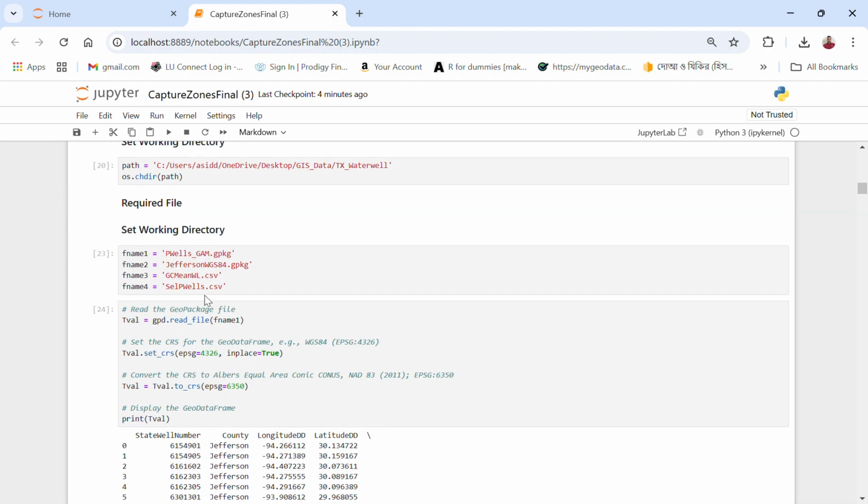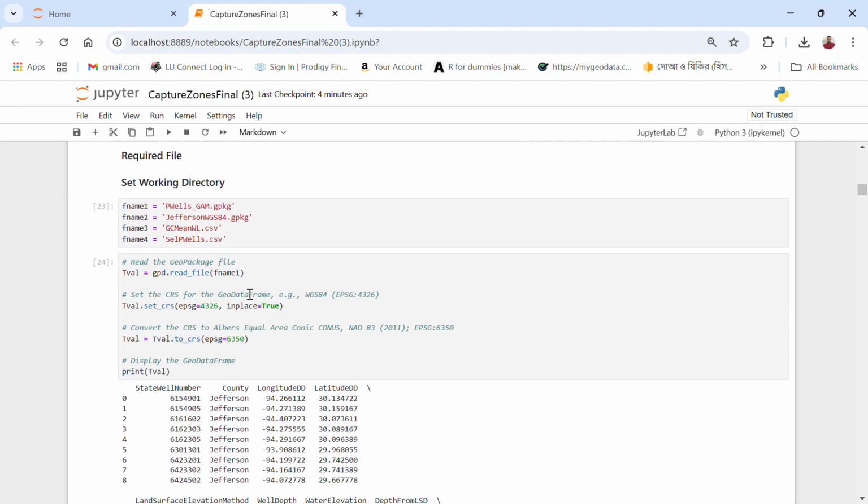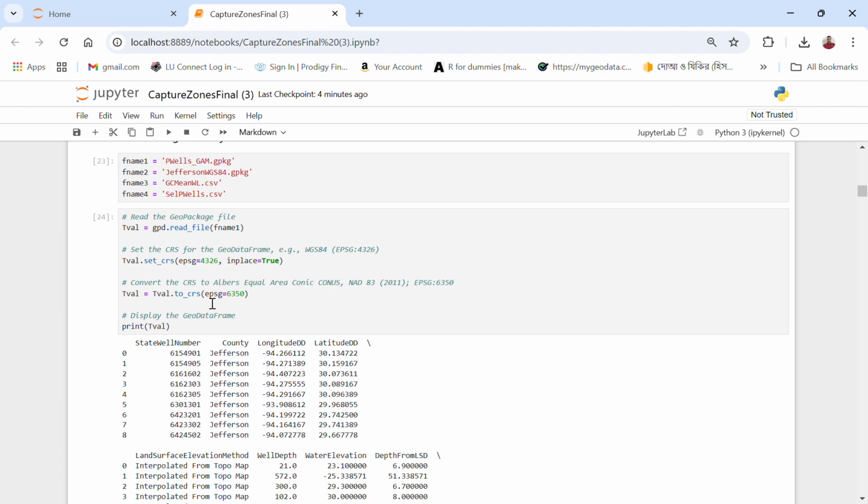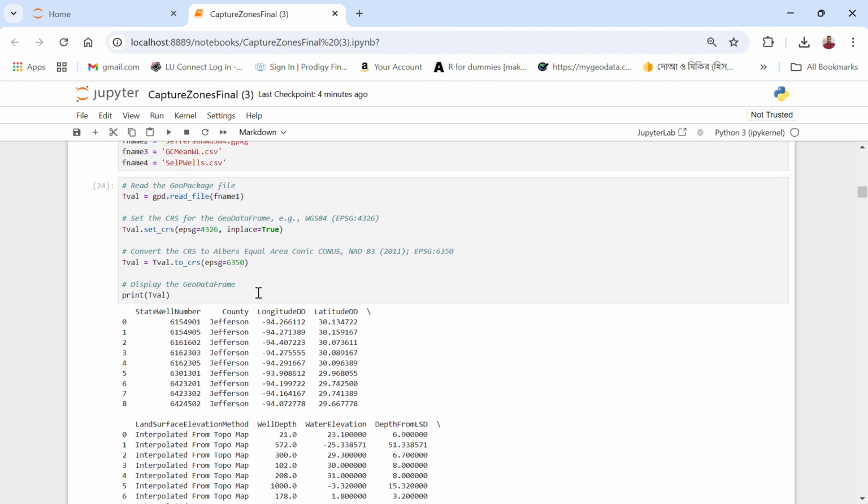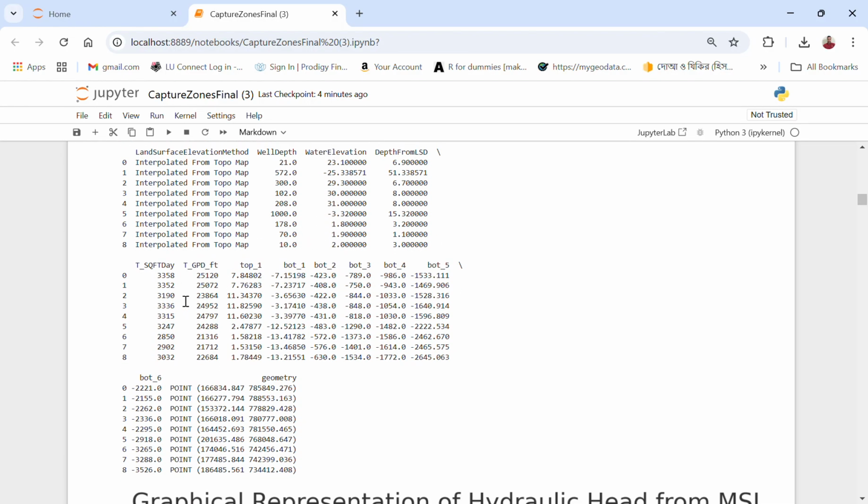I have imported some files. At the very beginning of this work, I made a GeoDataFrame, EPSG 4326, the file that was already created in our class, and this is the file.